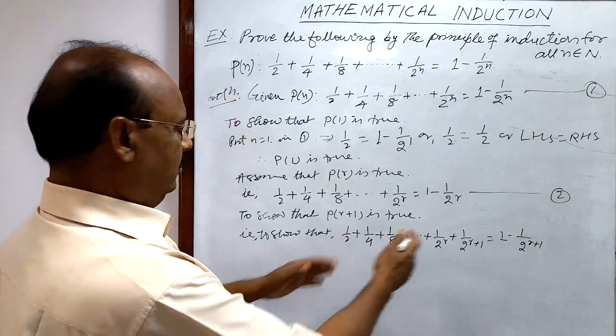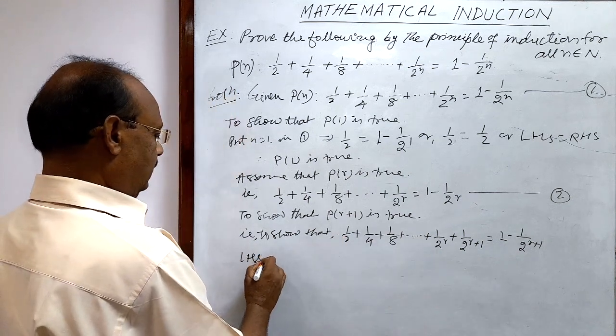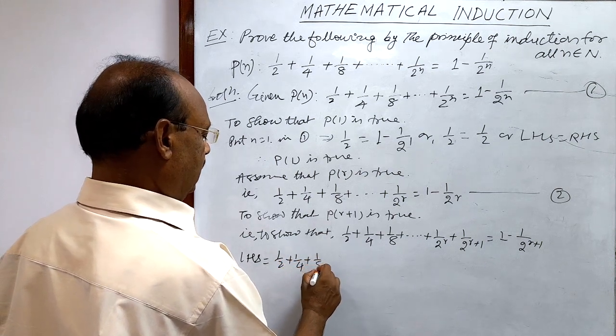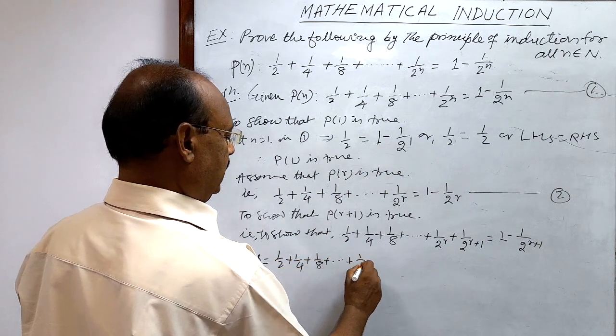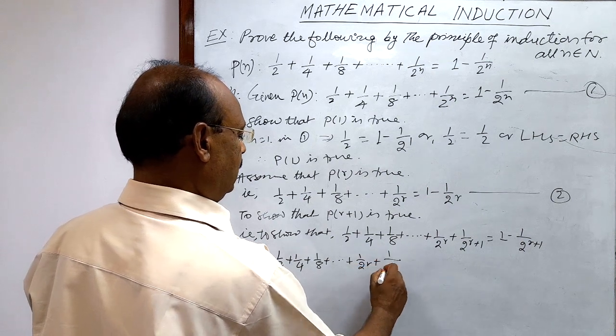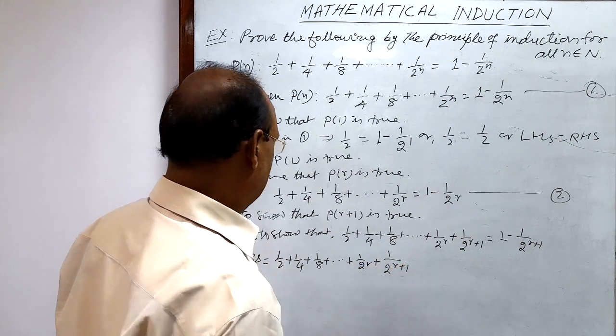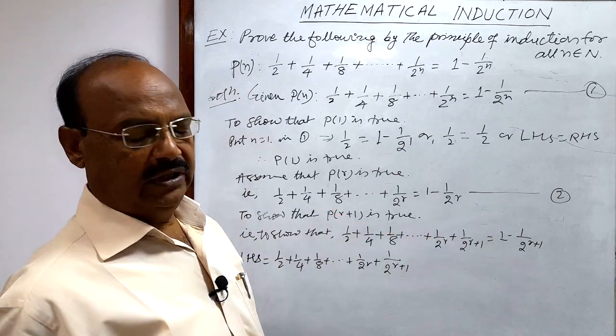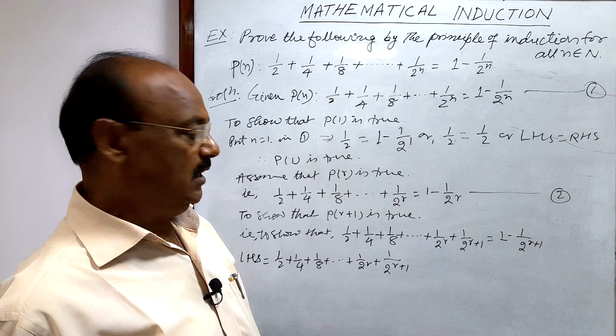So we'll start here with the left hand side. Therefore the left hand side is 1/2 + 1/4 + 1/8 + 1/2^r + 1/2^(r+1). By solving this expression, we have to come to the right hand side. Then we will be able to show that LHS is equal to RHS.